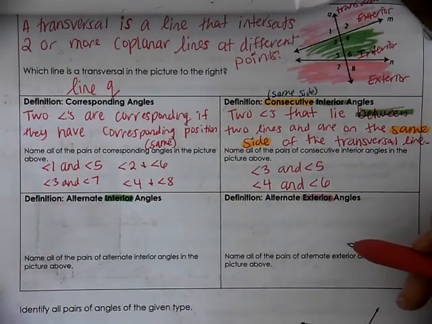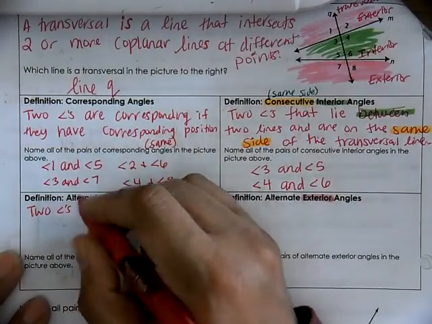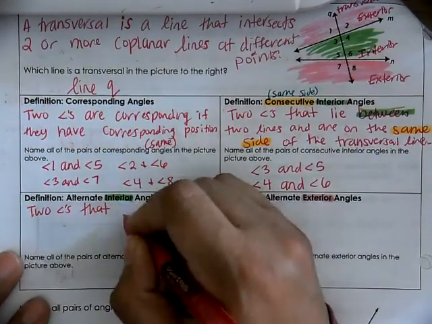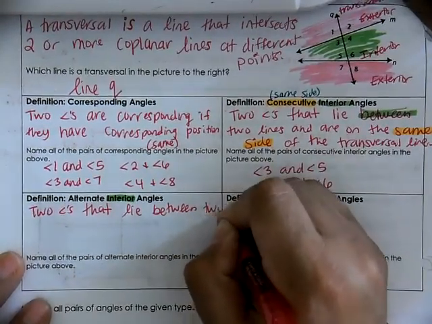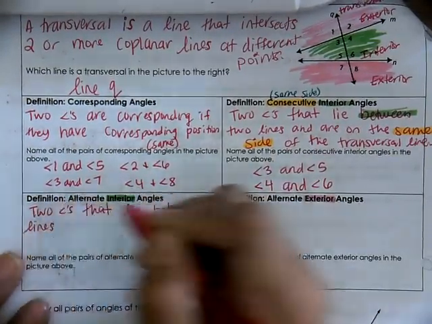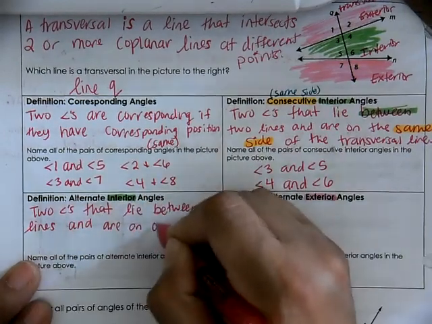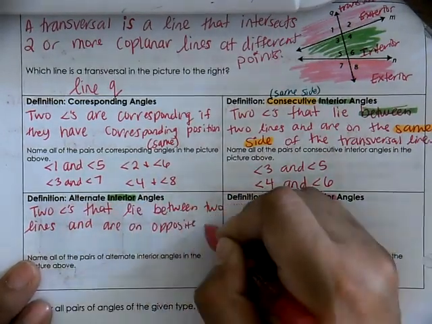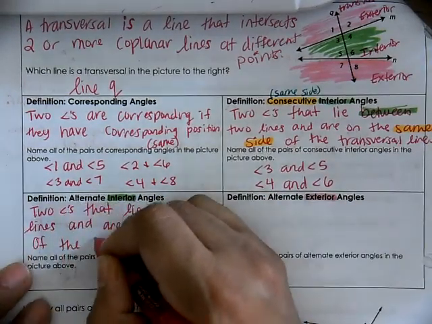Alternate, we're going to define in just a second. So it says 2 angles that lie between 2 lines and are on opposite sides of the transversal.